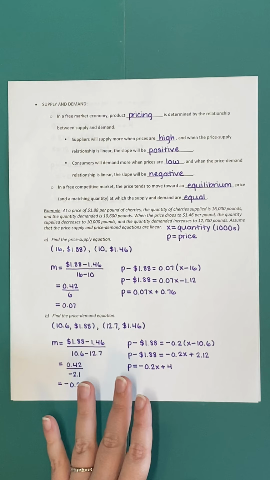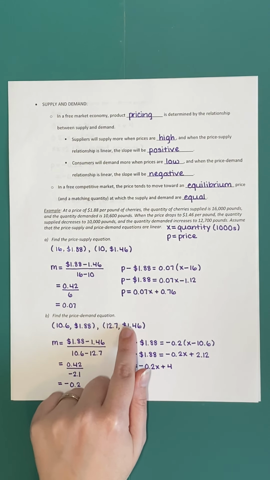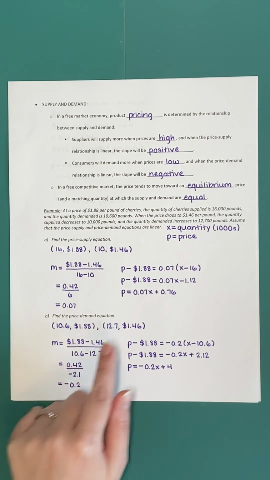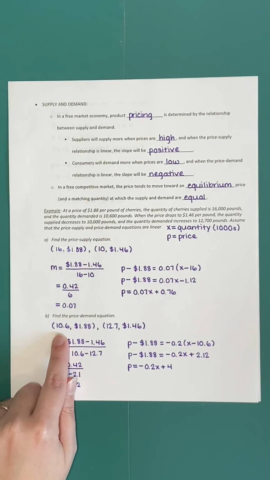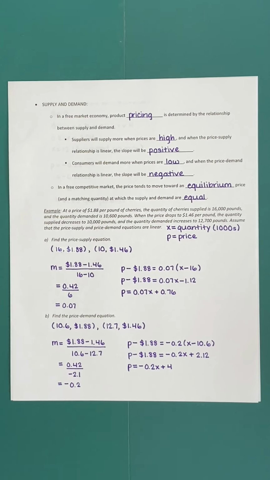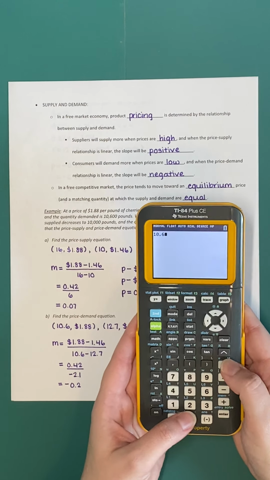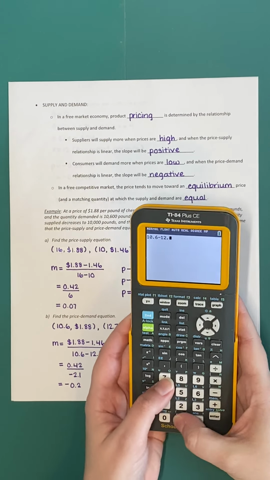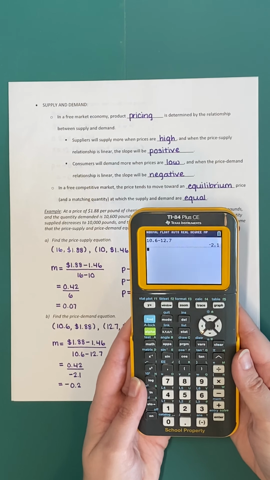Now after that, the process is essentially the same. We're finding the slope, so y2 minus y1 over x2 minus x1. Notice what happens when we simplify here though. Our numerator is still a positive number. But when we take the values in the denominator, 10.6 minus 12.7, notice that's going to give us a negative number. We have a negative denominator.